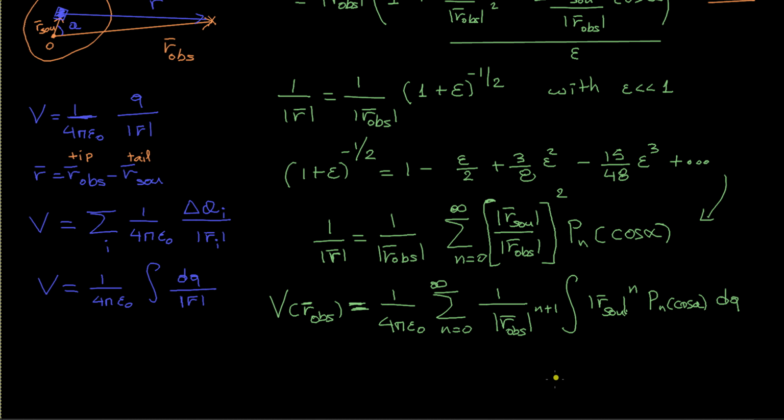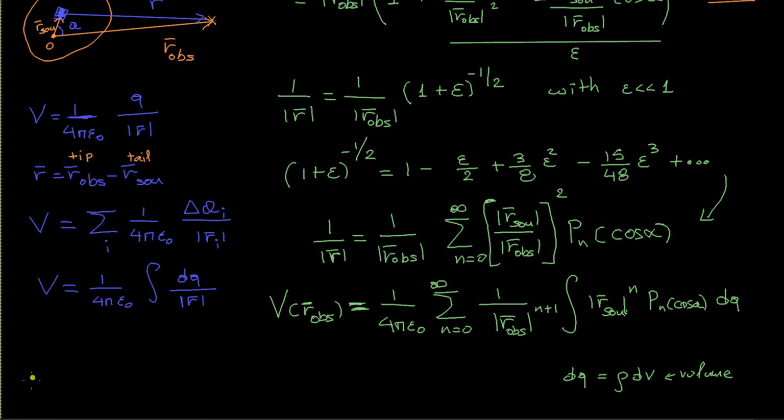Possibly that will be a volume charge distribution, so dq is rho dV, where this little v is the volume, not potential. This infinite sum is what we call the multipole expansion.